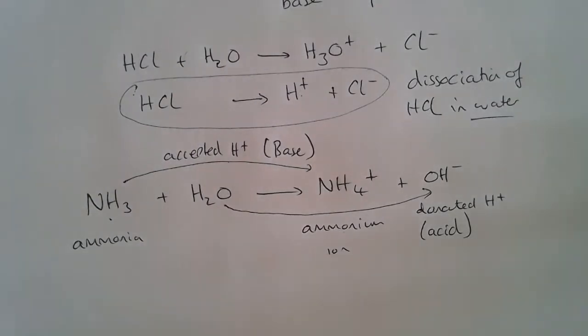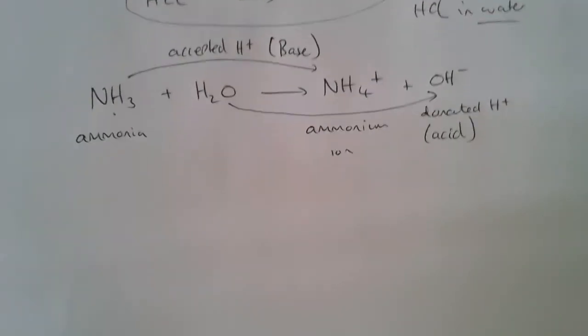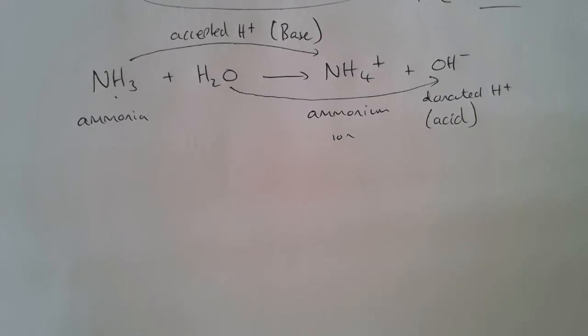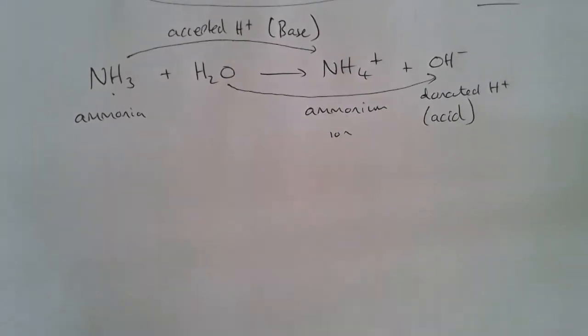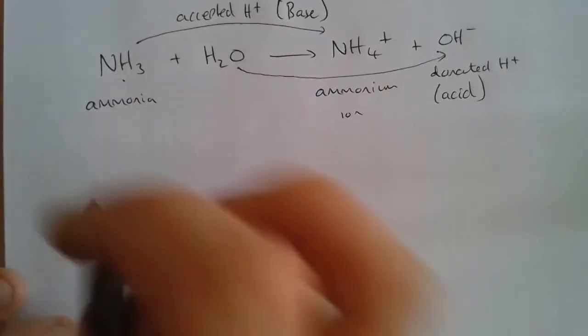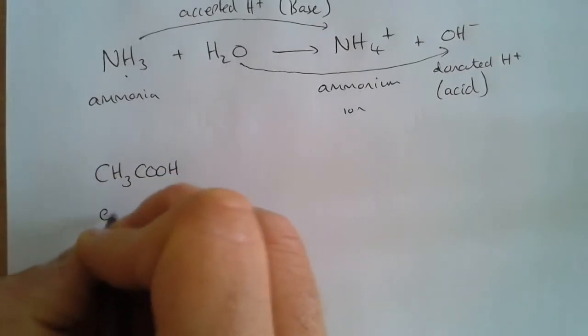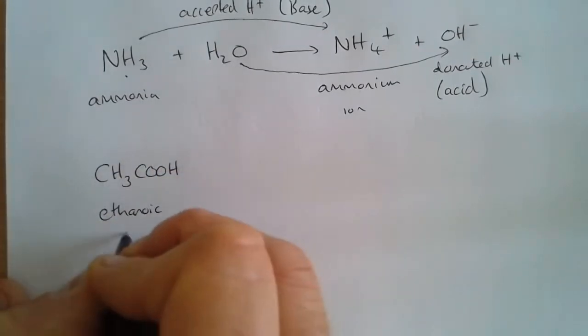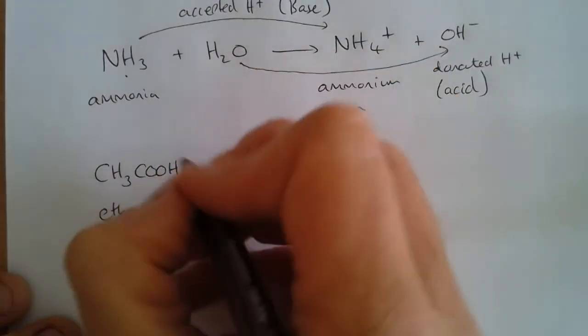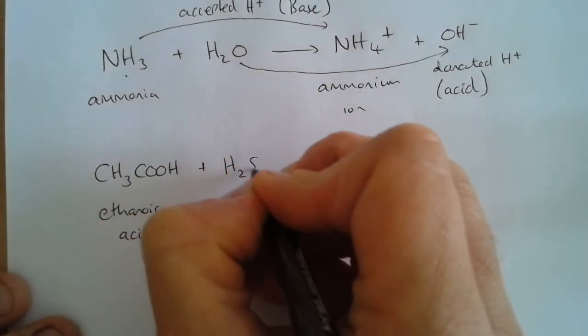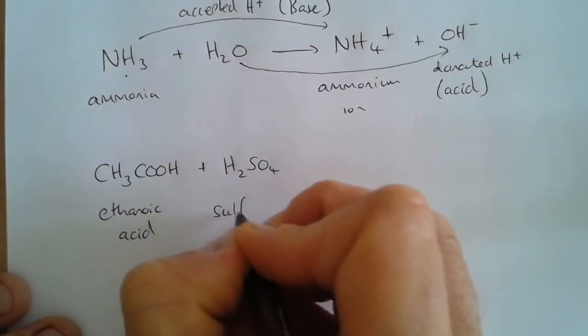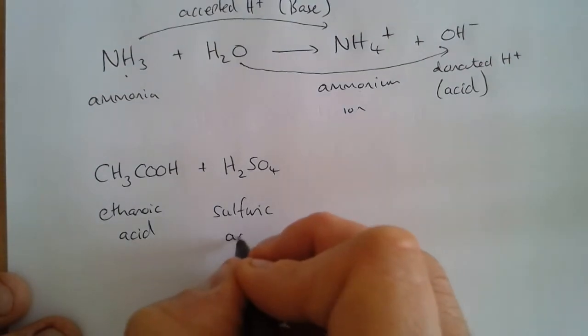Okay, so taking these ideas forward, let's have a look at another couple of examples. So this is the formula for ethanoic acid. And H2SO4 is the formula for sulfuric acid.